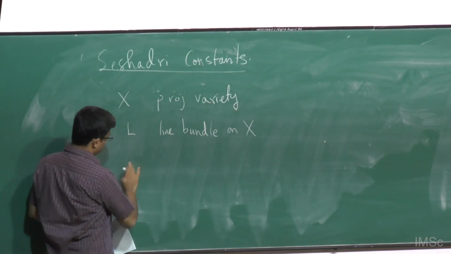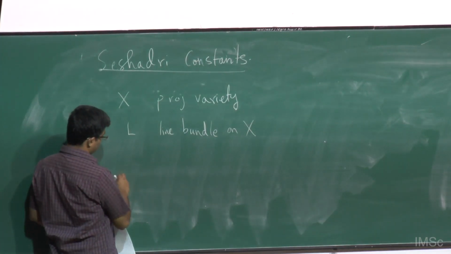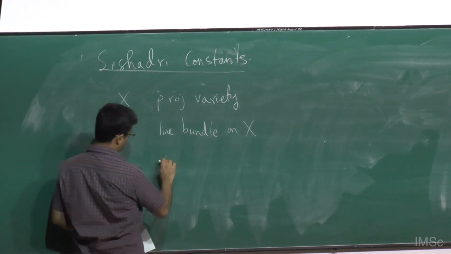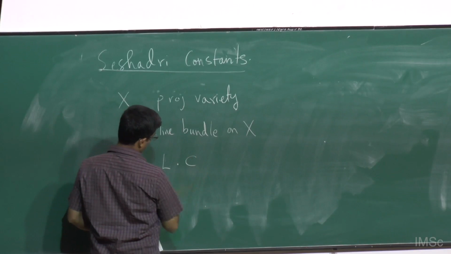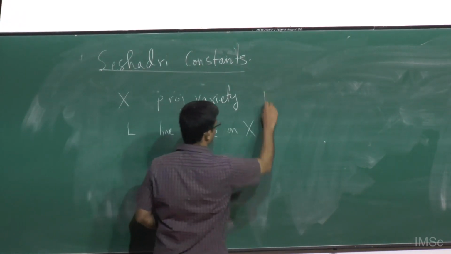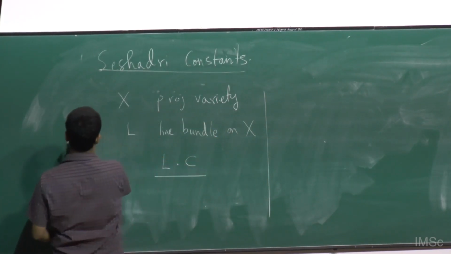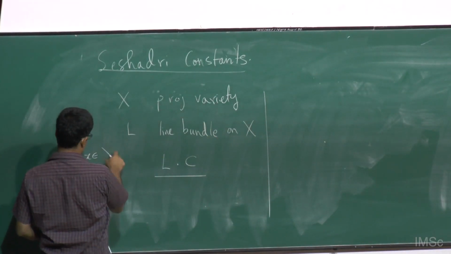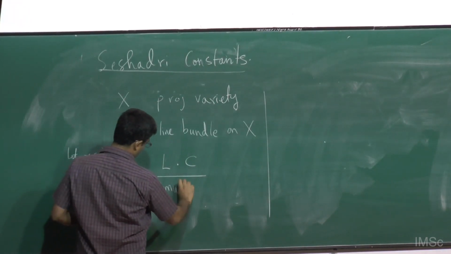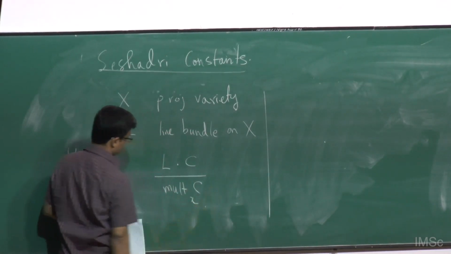So using this, one can certainly, so suppose, so let's look at the following. So fix, so let x be a point of X, and then I look at this ratio.